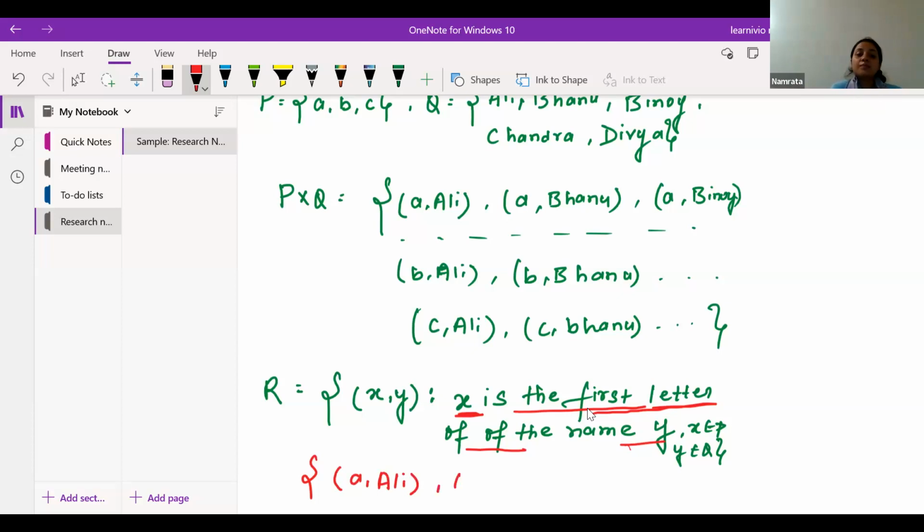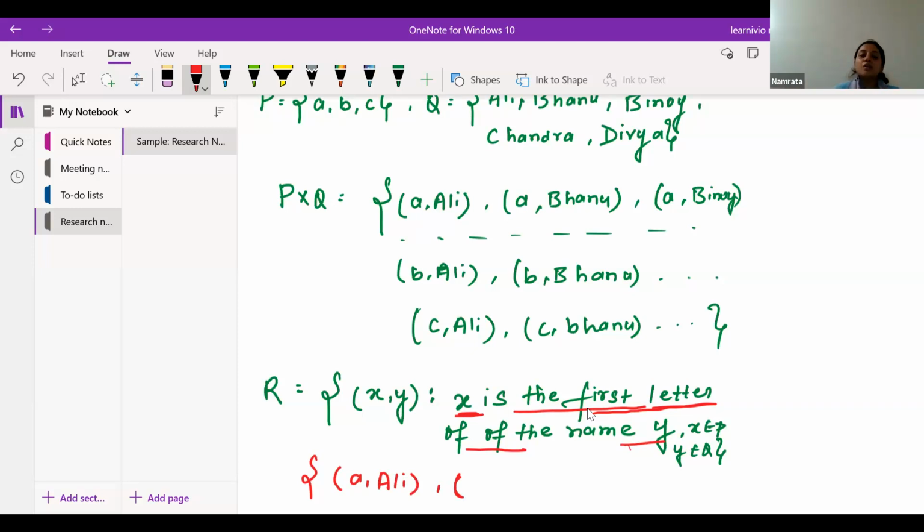Now the next one will be B. Now there is no name which starts with A again, so we cannot take A with any other name, because it says clearly over here that X is the first letter of the name. So A with the name starting with A, B with the names which start with B, and C with the names which start with C. This much only we can take.